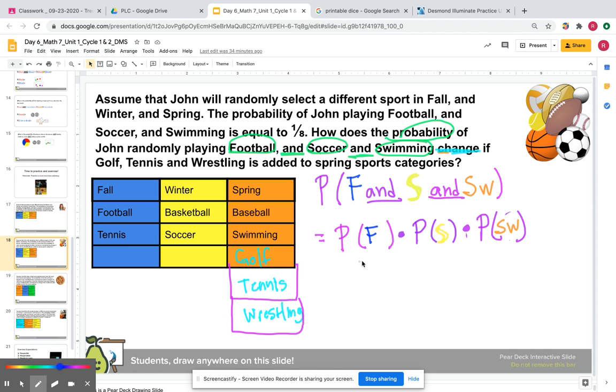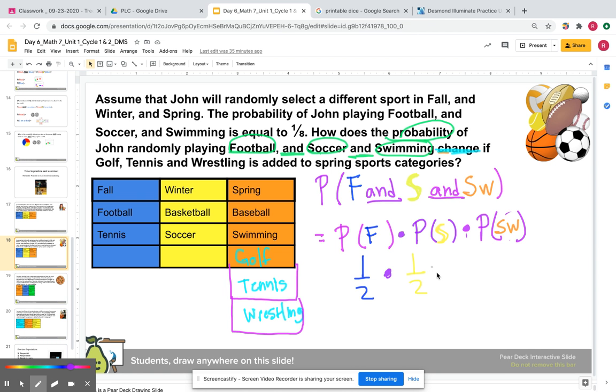Okay, I hope you were able to respond to that. So the probability of picking football was 1/2. We are multiplying because the word and tells us to multiply. We're doing the probability of soccer, that is 1/2. And then we're doing the probability of swimming, which is out of 5 sports.